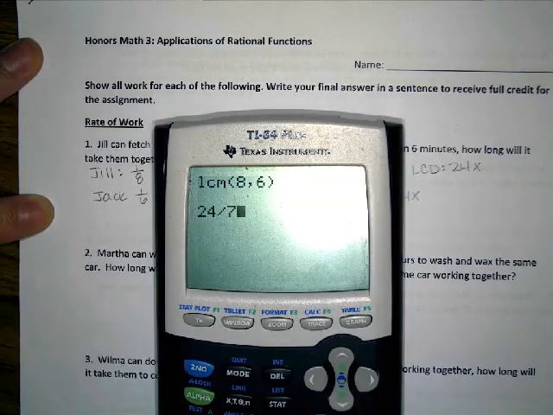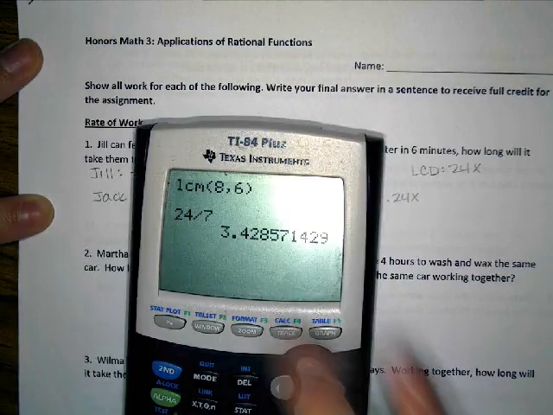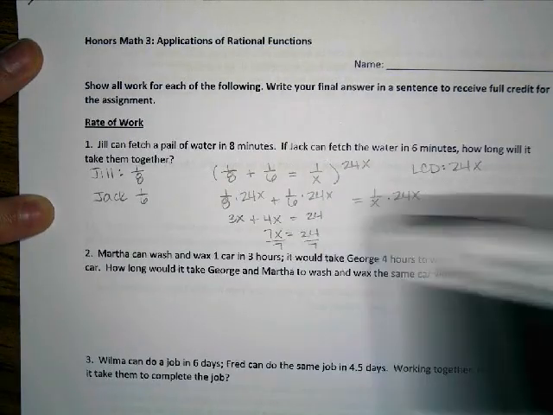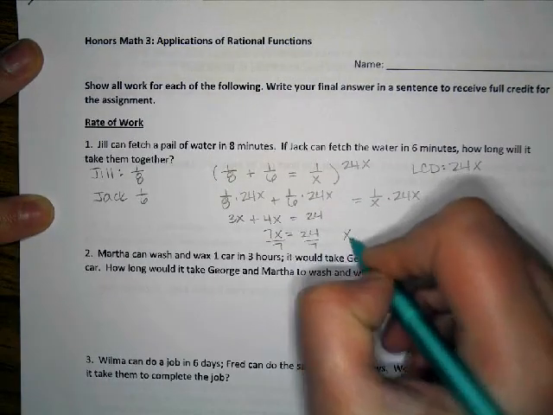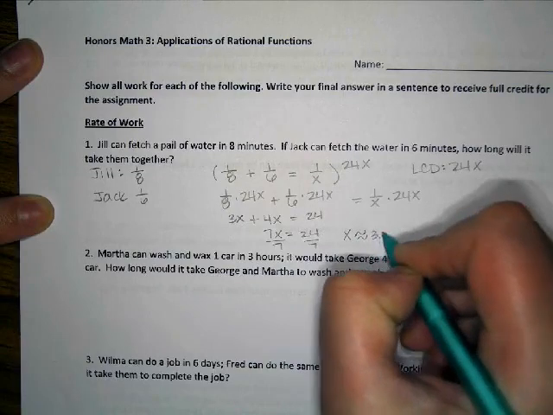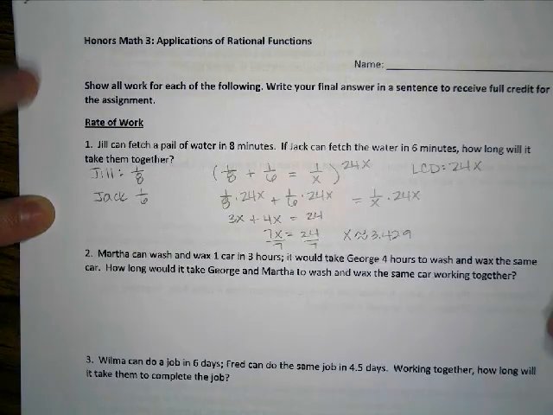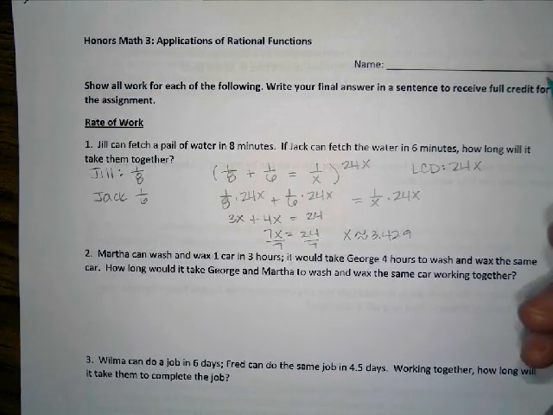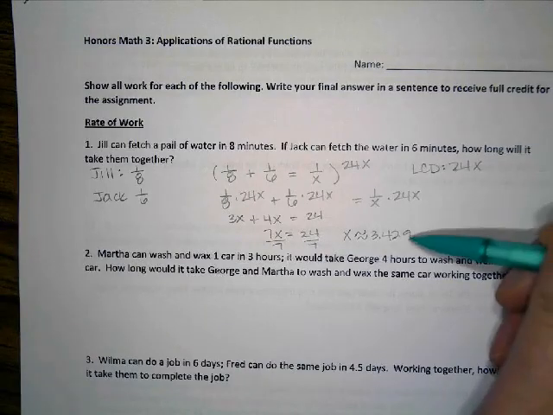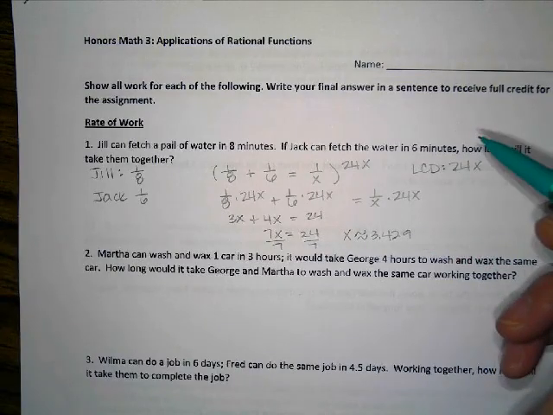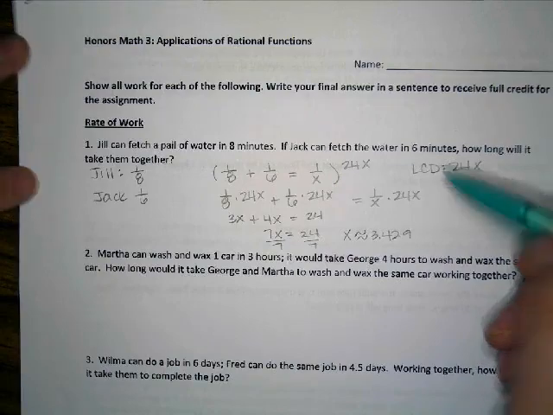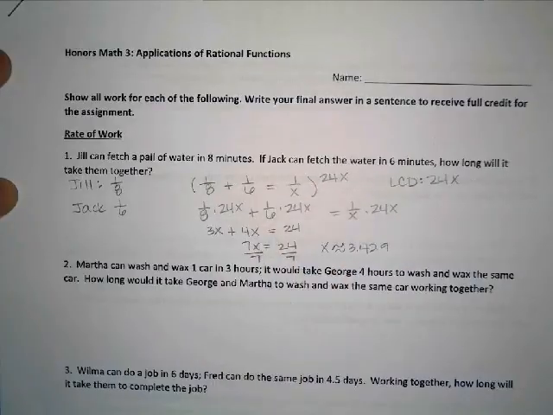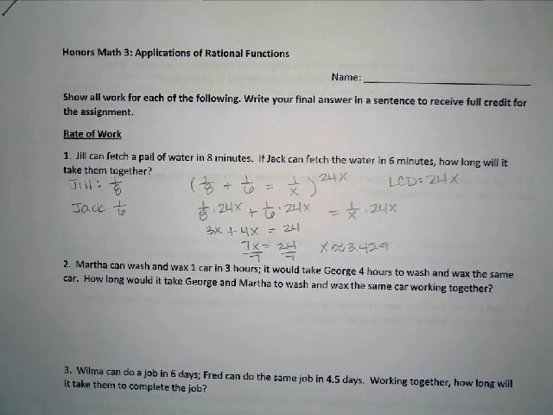So 24 divided by 7, 3.429. So together they could fetch a pail of water in 3.429 minutes. Make sure, based on the instructions, that you are writing a sentence for your answer.